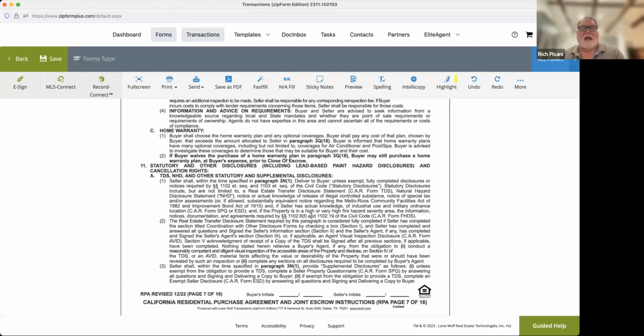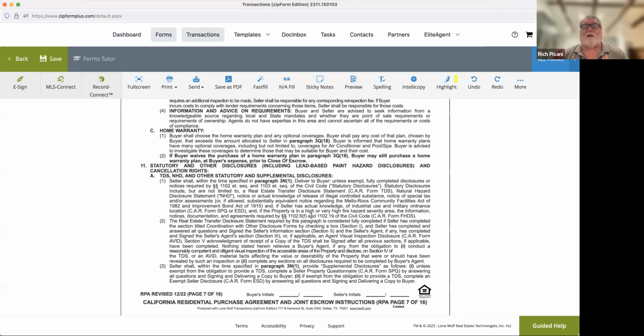So cancellation, statutory and other disclosures. These are statutory. TDS, NHD statement page is statutory. If it's in a high fire zone, that's statutory. Lead-based paint, if it's before 78, that's statutory.